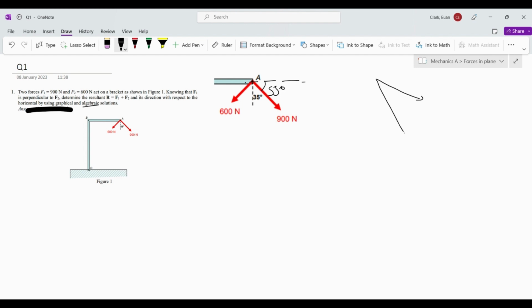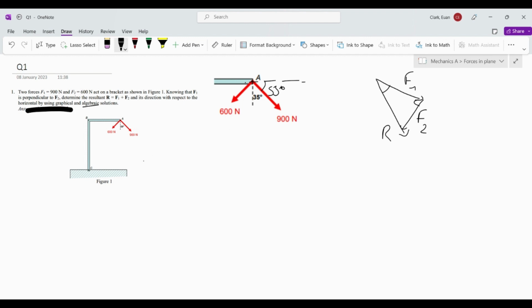If that makes it easier for you to visualize. There we go. So this is F1, this is F2, and this is R. And we have some angles here, which I'll go over later. And you should have known this formula, and if you don't, I'll just show it here.